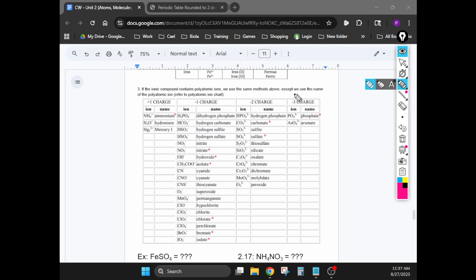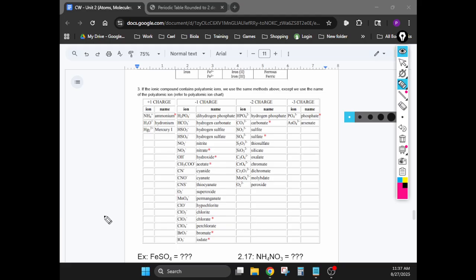The ones you'll be expected to know for the AP test are the ones with the red stars. So a good amount, but still not too many. Right here: ammonium NH4 plus, nitrate NO3 minus, hydroxide OH minus, and so on. The ones with red stars cover about 99% of the polyatomic ions that will show up on the AP test.